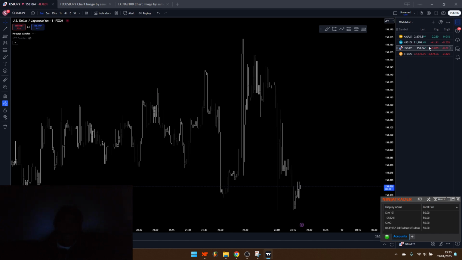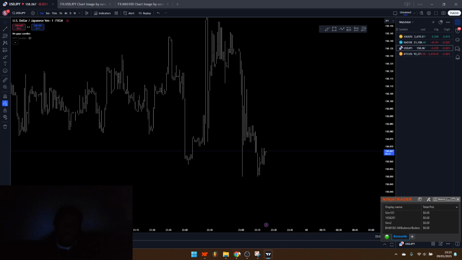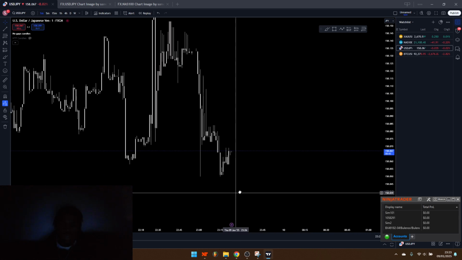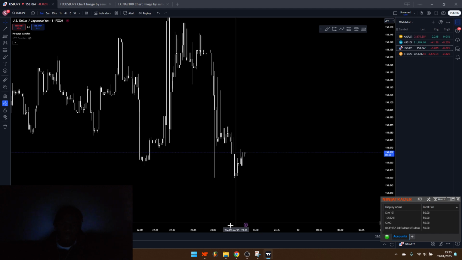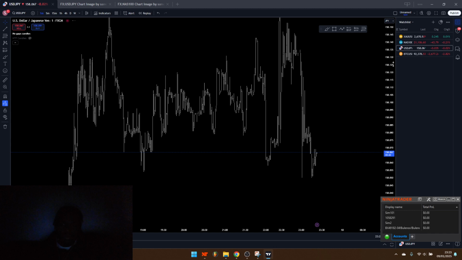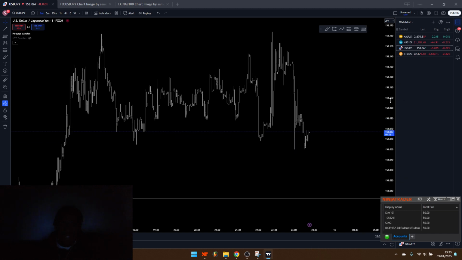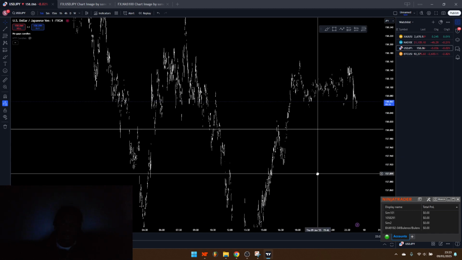Does USD JPY have volatility during these hours? It's a yen pair, so it should be alright for Tokyo session. Just curious. Currently at the top of the range if I zoom out enough.